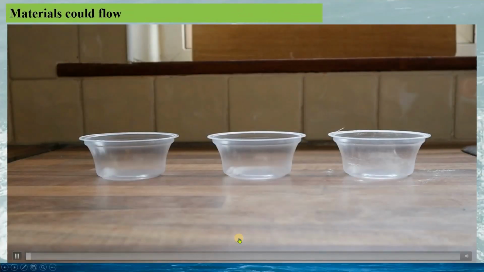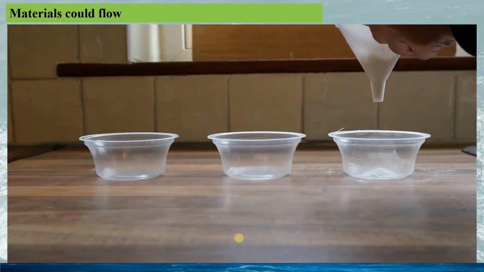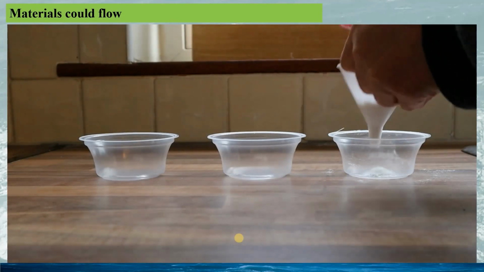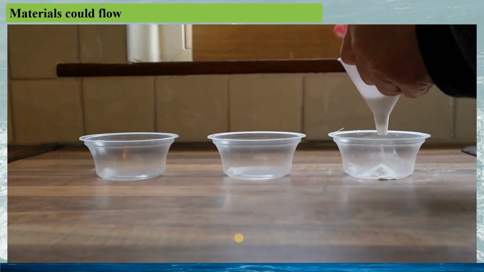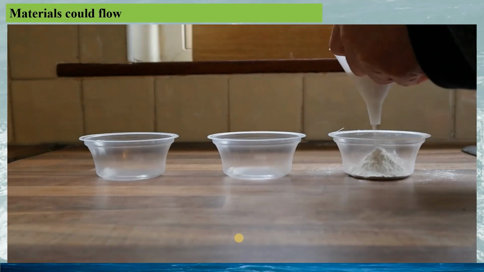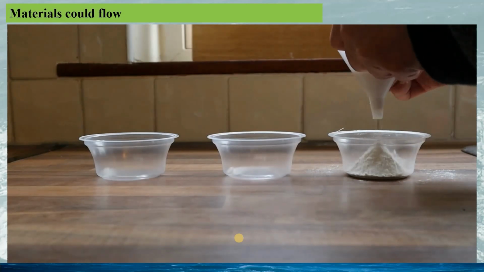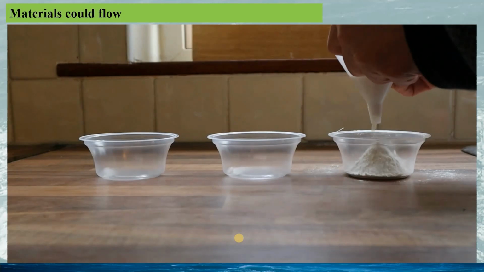Let's see an experiment of the flows of different materials. Here we have three different materials: the flour, the salt, and the water. The first example is the flow of the flour. We can see the flour flows through the funnel, but not very smooth.